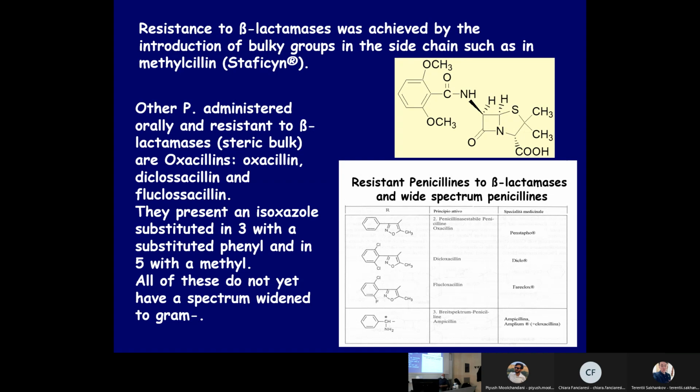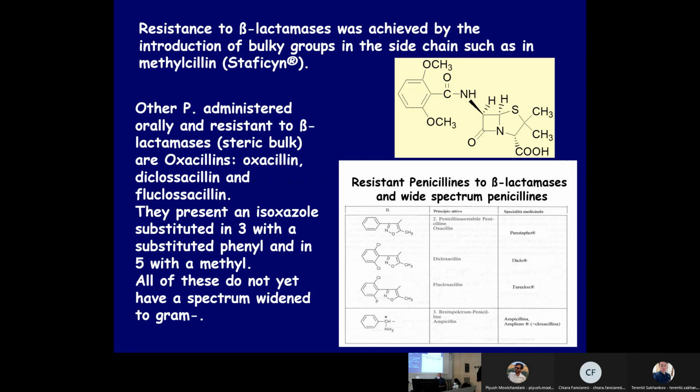And this group should attack the carbonyl of the beta-lactam ring. The carbonyl is an electrophilic group.